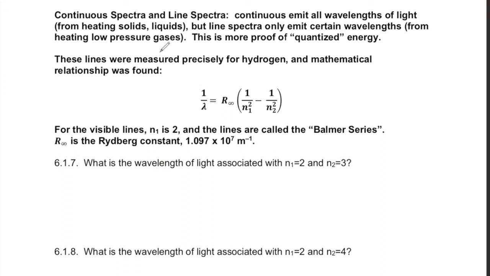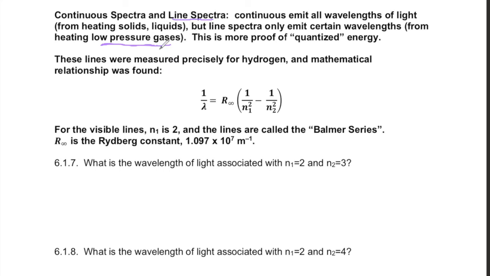All right, one other thing that was noticed about elements: if you have the atoms spread really far apart, like in a gas that's under vacuum, and you excite those atoms with some energy, with heat or electricity, you can find line spectra.